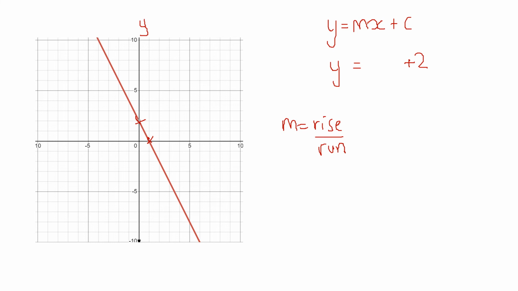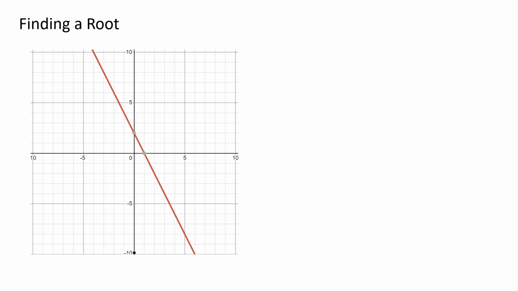If we start at the x-axis, do we need to go forward or backwards? Well, we need to go backwards 1. So that's going to be, we run minus 1. And then how many do we need to go up? Well, we go up 2. So it's going to be 2 over minus 1, which is the same as negative 2. So we know our gradient, our m value, is minus 2x. So our equation of the line is y equals minus 2x plus 2.